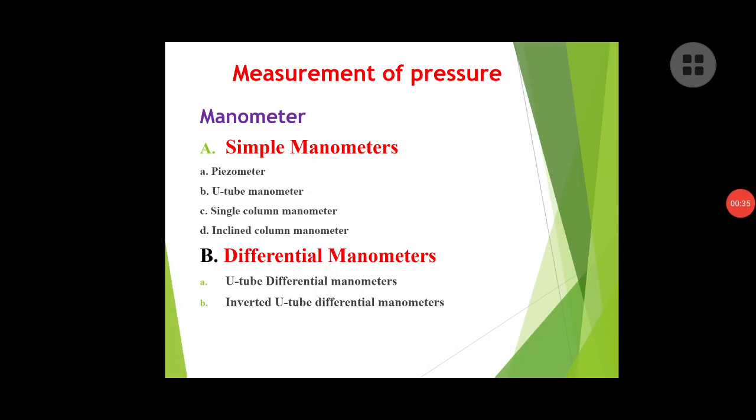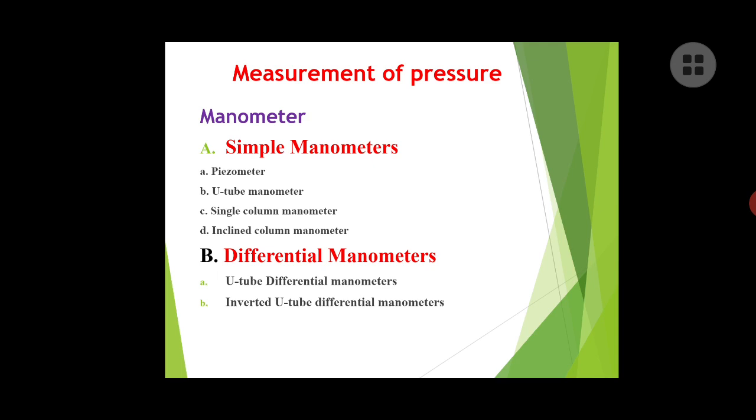Basically, manometers consist of two types. First is the simple manometer. The simple manometer is divided into four types: piezometer, U-tube manometer, single column manometer, and inclined column manometer.